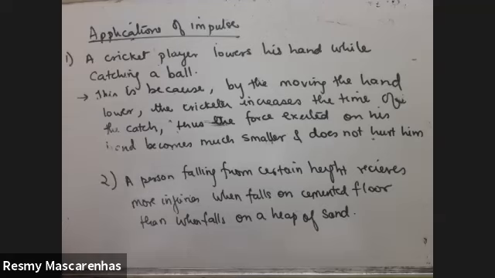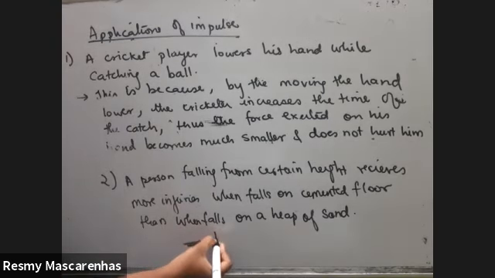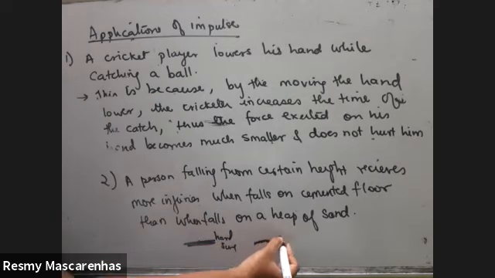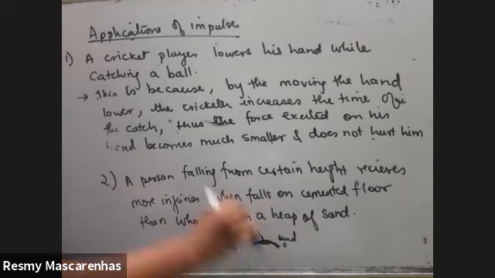So if a person is falling on the sand, he will get less hurt compared to if he falls on the cemented floor. Why? Just try to think of the logic. Now this is a cemented floor. This will be a very hard surface. But sand will be a little soft surface. So by the time he falls, at least the sand will go a little down with the impact.